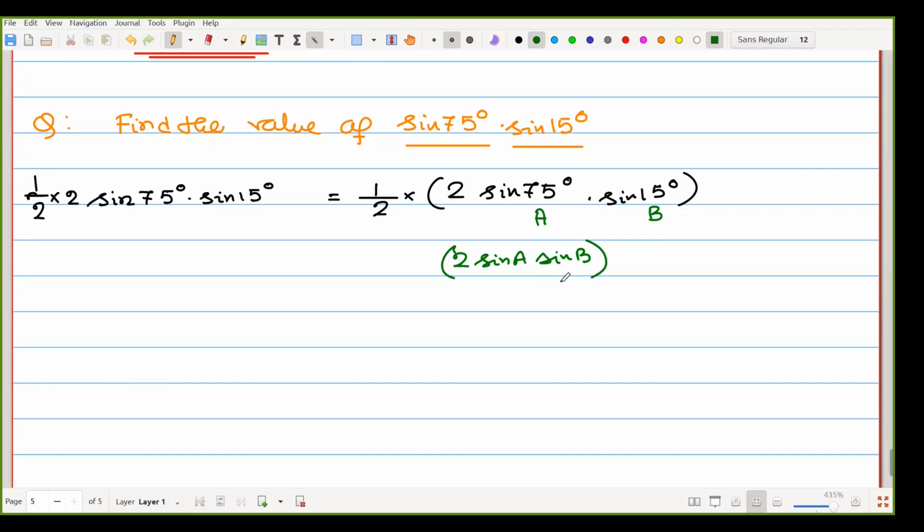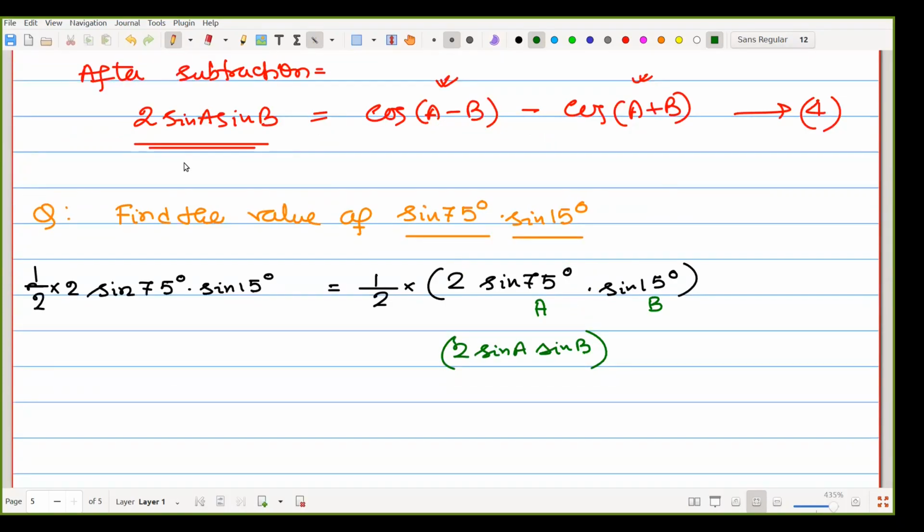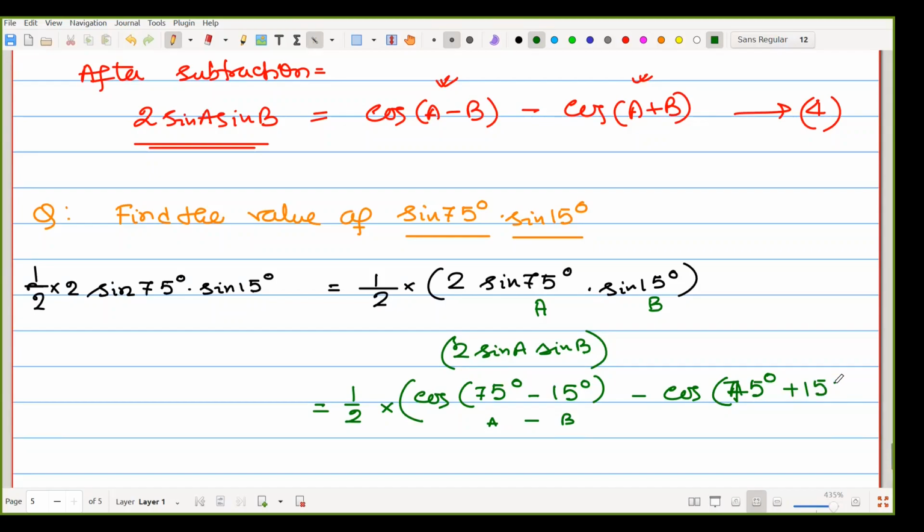What is the meaning of 2 sin A sin B? That is cos(A−B) minus cos(A+B). So half is there, and we write cos(75 degree minus 15 degree), A minus B, minus cos(75 degree plus 15 degree), A plus B.